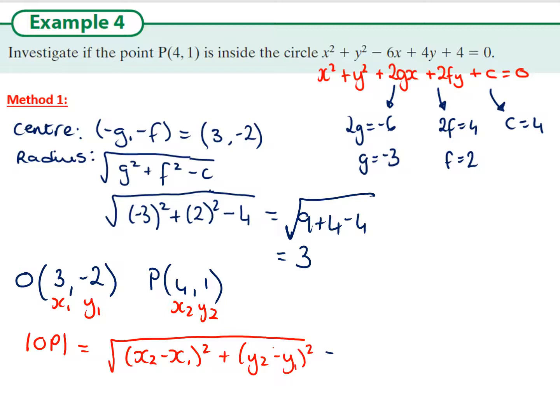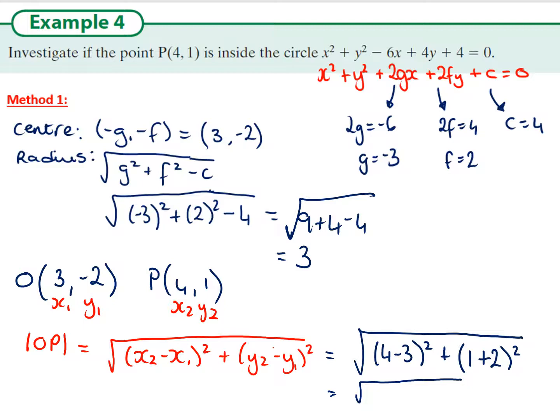So that is the square root of (4 minus 3) squared plus (1 minus (-2)) squared, which is 1 plus 3 squared, so 1 plus 9, which is the square root of 10.